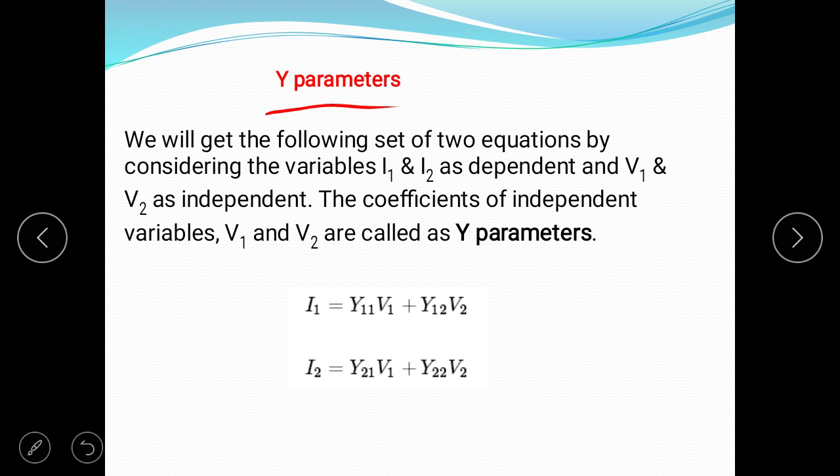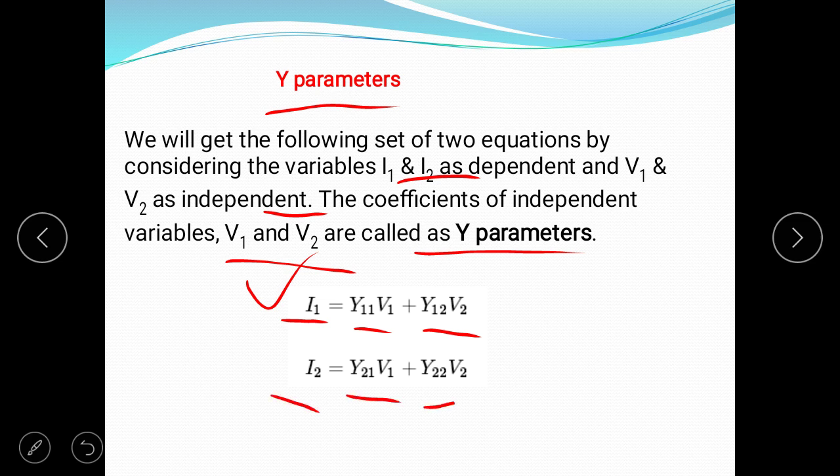We get the following set of two equations by considering I1 and I2 as dependent and V1, V2 as independent, and the coefficients of the independent variables V1 and V2 are called Y parameters or admittance parameters. These two equations are taken from the two-port network. So I1 is equal to Y11 V1 plus Y12 V2, and I2 is equal to Y21 V1 plus Y22 V2.